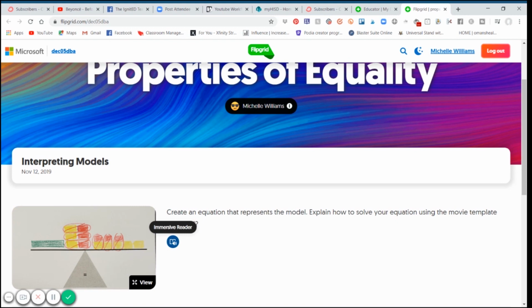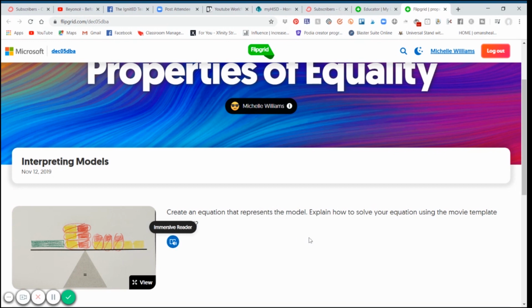So the immersive reader part is definitely a plus plus and a win in my book, because it checks that box for my students who are either reading below grade level or have disabilities.